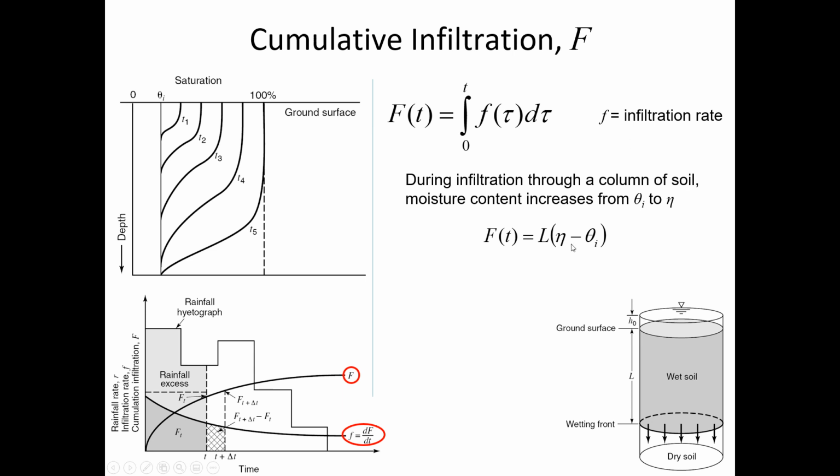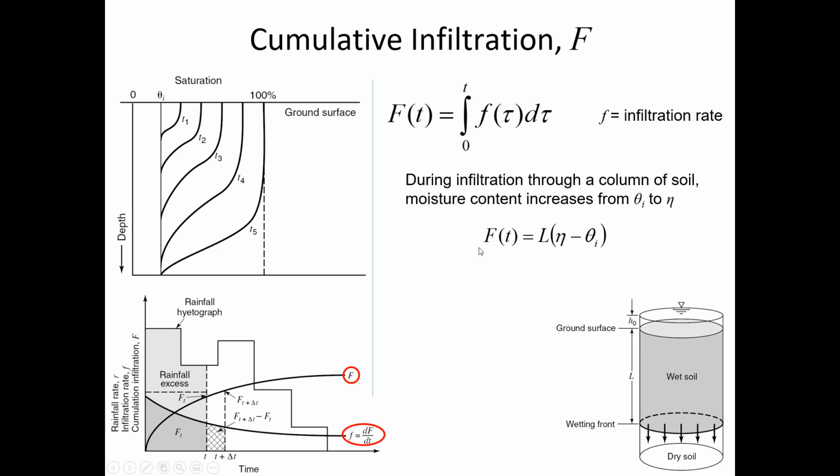And so this is unitless. Porosity and water content are unitless. They're just going to be some decimal less than 1. And so porosity minus the initial water content is how many of the voids had available space, and then L, the penetrating depth, is a physical measurement of how far the water's gone.